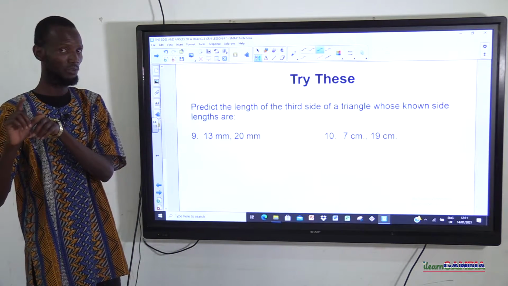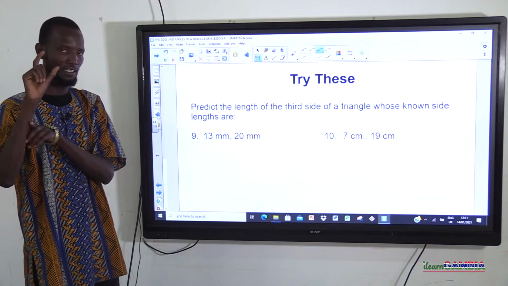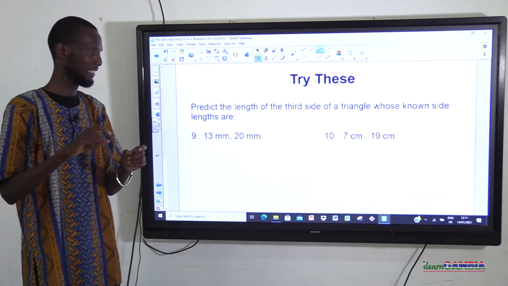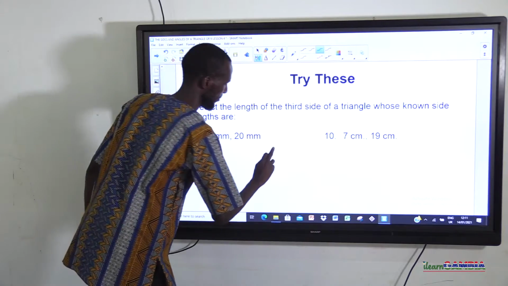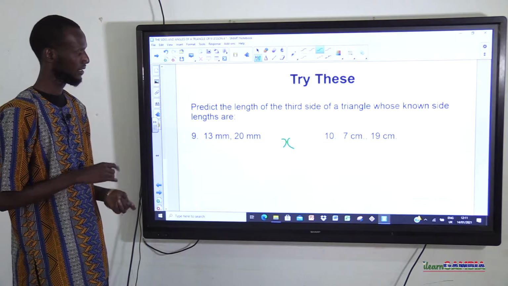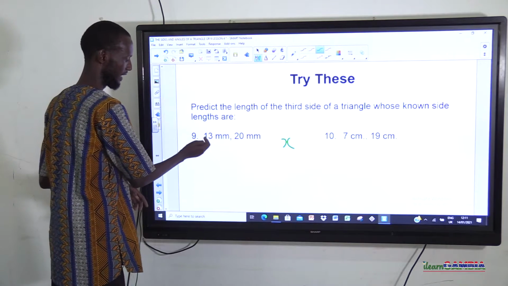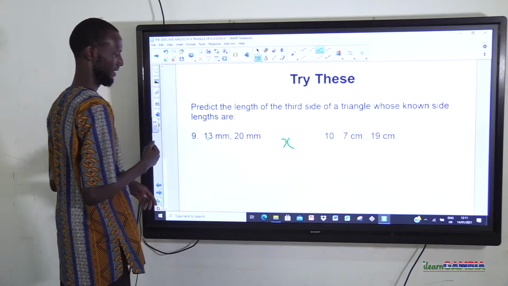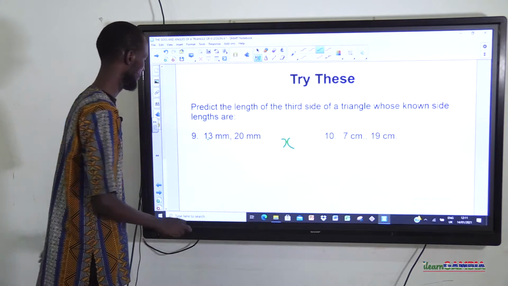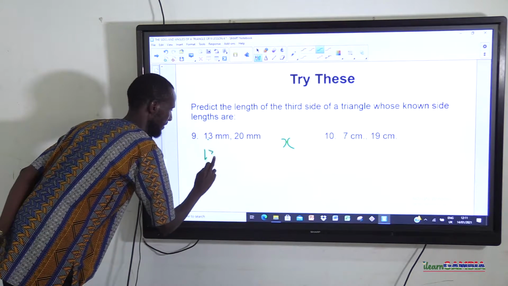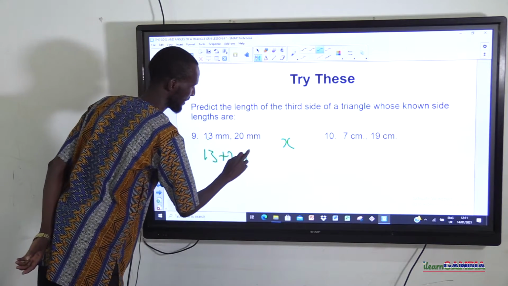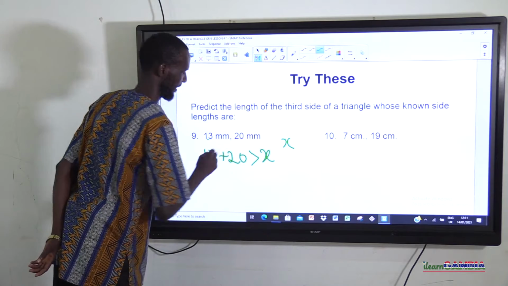Remember, what do we do? First, let's represent our third side with a variable. Let's say our third side is x. Now, if you add these two known sides, your answer should be greater than that third side. So when you add 13 and 20, you should get a sum greater than x.